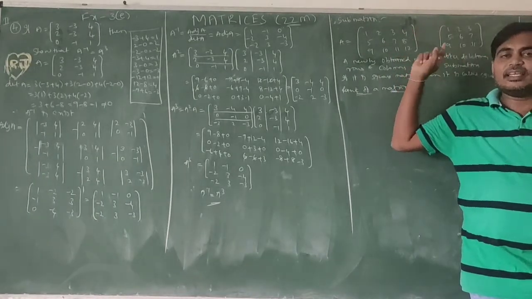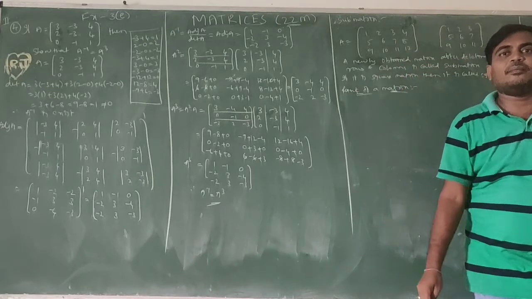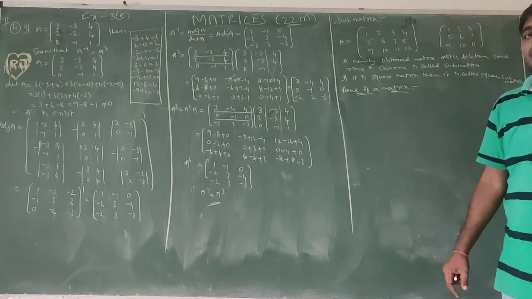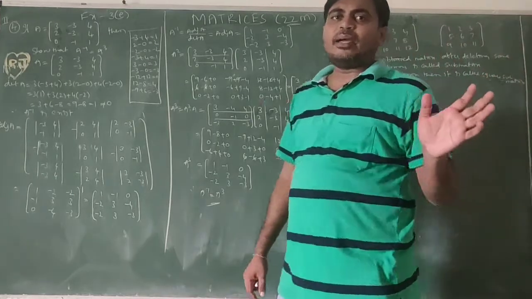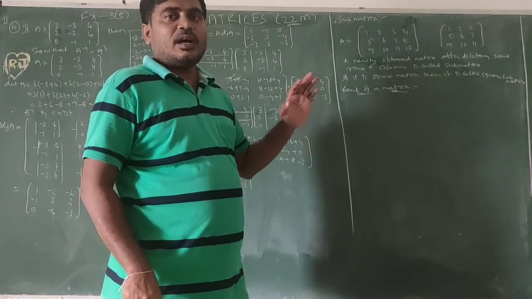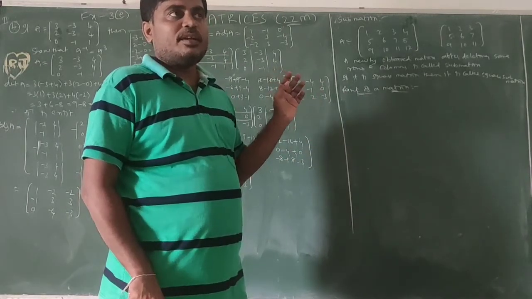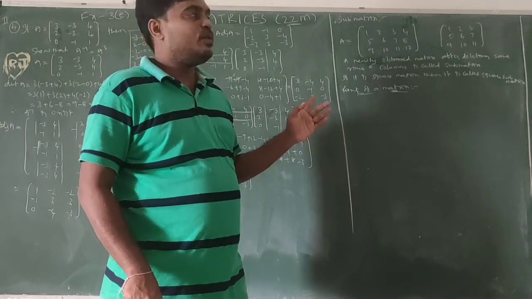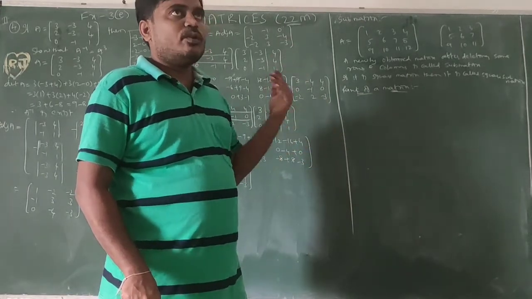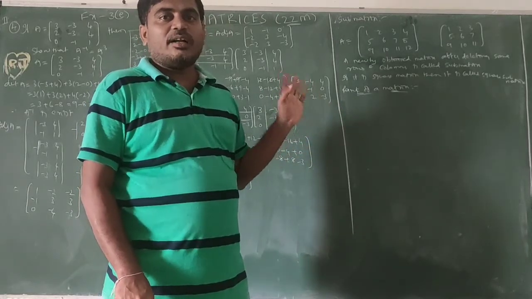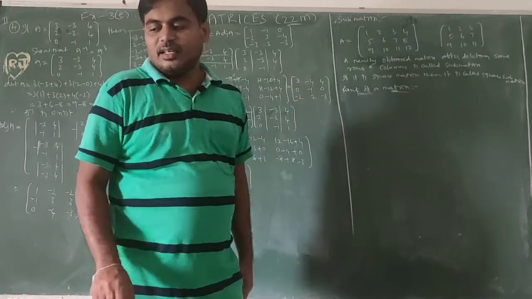If we take all square submatrices, find out the determinant. Among all these determinants, the determinants which are not equal to 0, we choose those orders. Among all these orders, whichever order is biggest, that is called the rank.